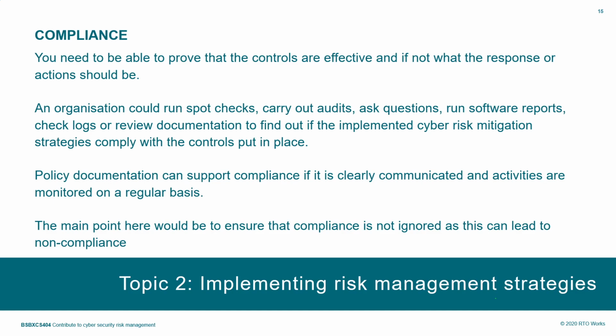We can do spot checks, audits, we can talk to our people, we can run software reports on what our automated systems are doing, review our logs, and review our documentation about our mitigation strategies and the controls we put in place, and then evaluate whether we are actually still compliant or not.